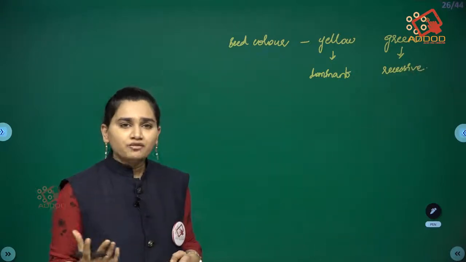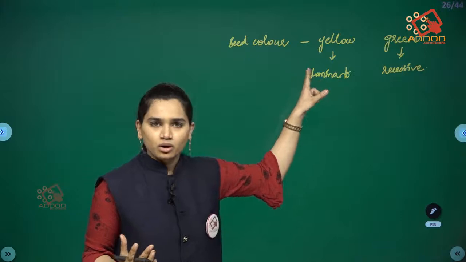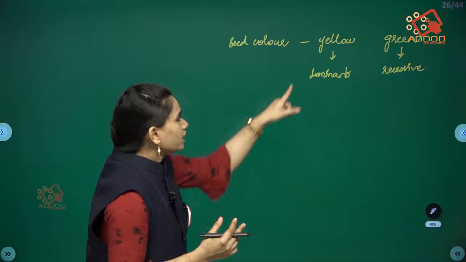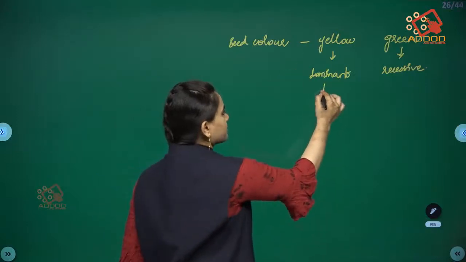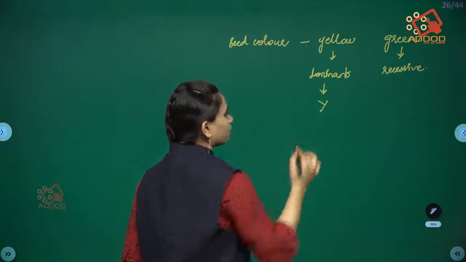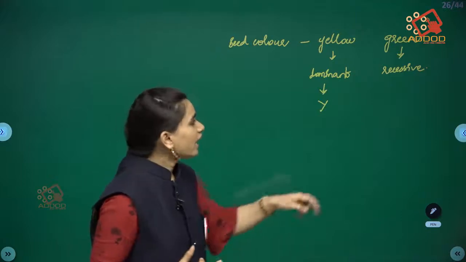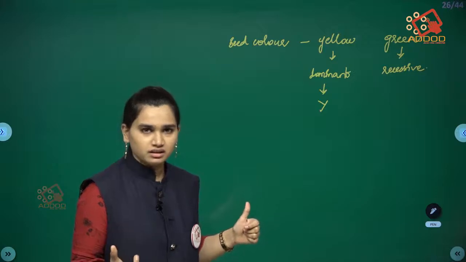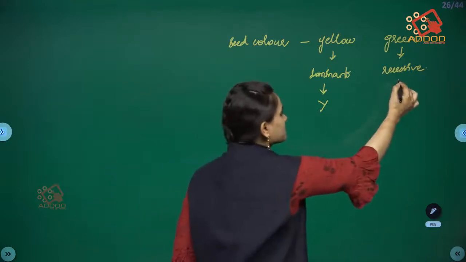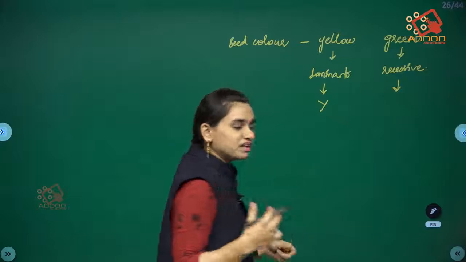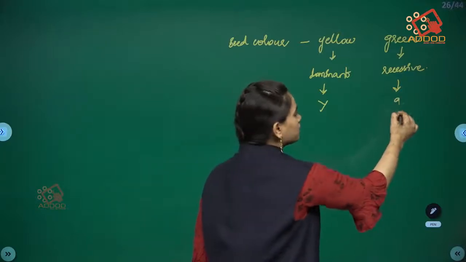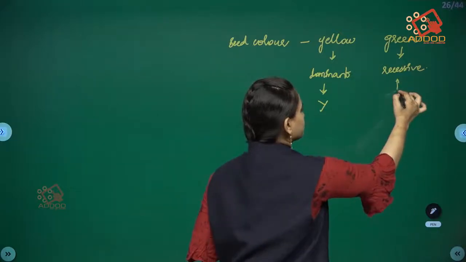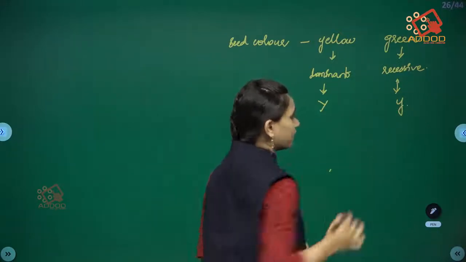Now, when I have to write this trait yellow, I said dominant is always written in capital letters. So, yellow I will be writing as capital Y. Now, when I have to write green, I said recessive traits are always written in small letters. But for recessive, I won't be writing it as small g. Instead, I will be writing it as small y.